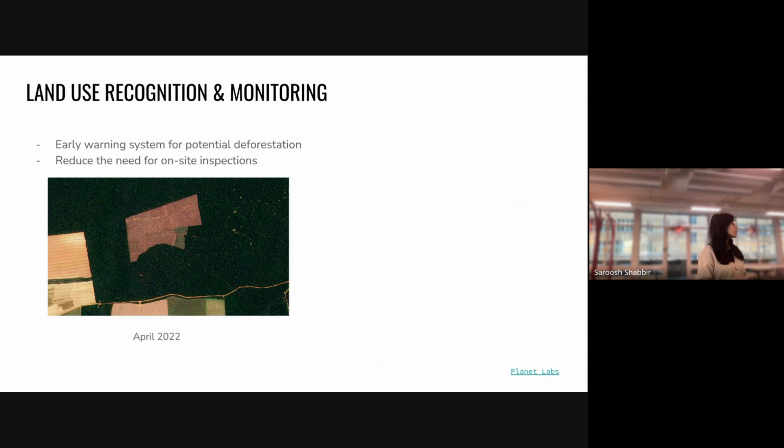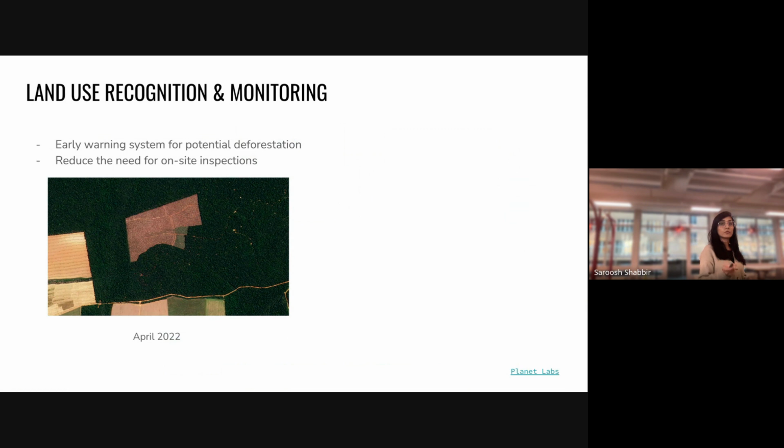For the use case of land cover recognition and monitoring, it's already in place, the early warning systems for potential deforestation. And what it does basically is reduces the need for on-site inspection.